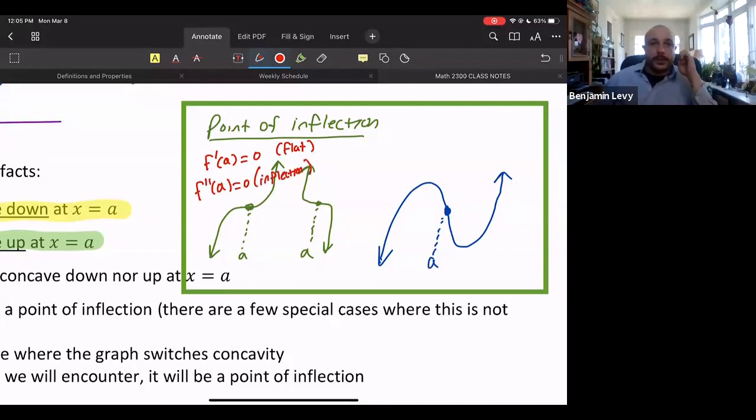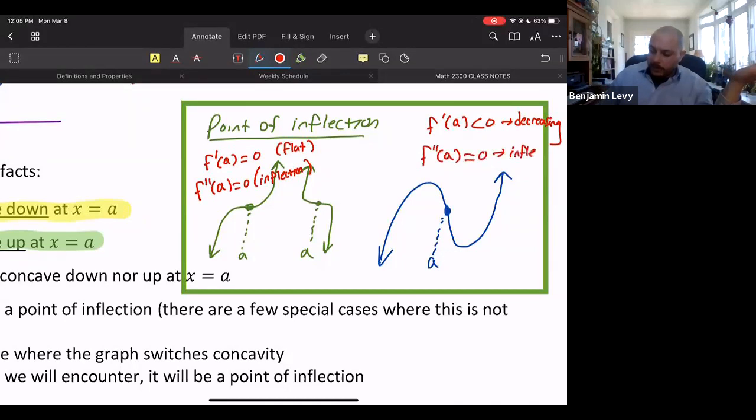So both the derivatives are 0 on the left. On the right, the first derivative is not 0, it's negative because the function is decreasing there. So that's not going to come out of, it's not a critical point. But the second derivative will be 0 because it's an inflection point.